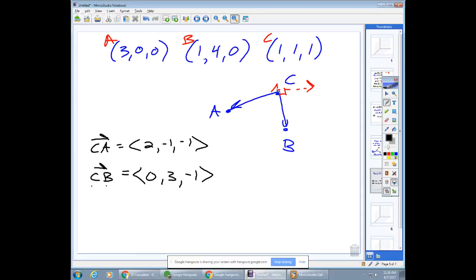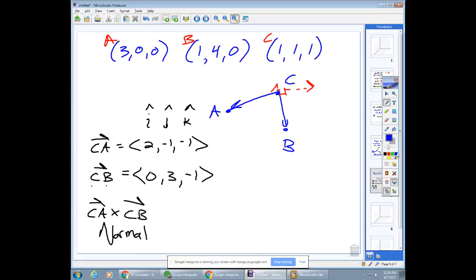All right, so then now we need the cross product of these guys. So we need to find what is vector CA cross vector CB, because that will give us the normal vector or a normal vector to these two. So I have these stacked in the right order, and I like to use the matrix version to do it. So then I would think about my I, J, K up in the top row.